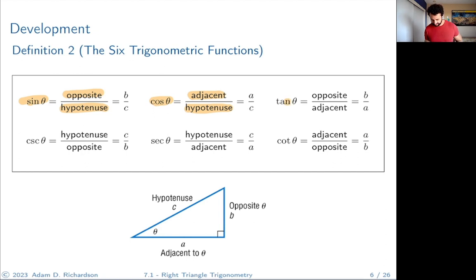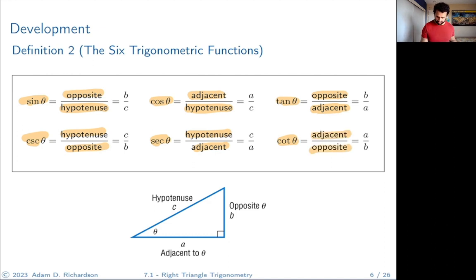And then tangent theta, we're going to define as the length of the opposite leg divided by the length of the adjacent leg. And there you go. Once you have those three, the other reciprocal functions are the same, you just reciprocate. So cosecant will be hypotenuse over opposite, secant will be hypotenuse over adjacent, and cotangent will be adjacent over opposite.